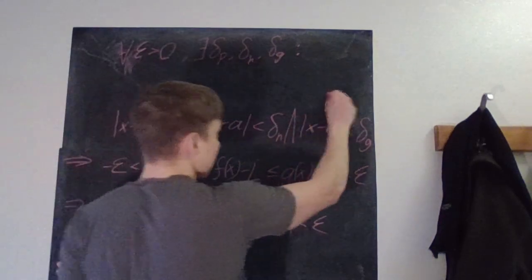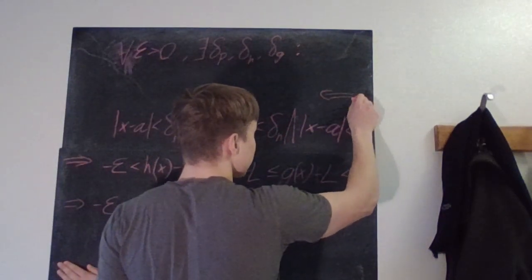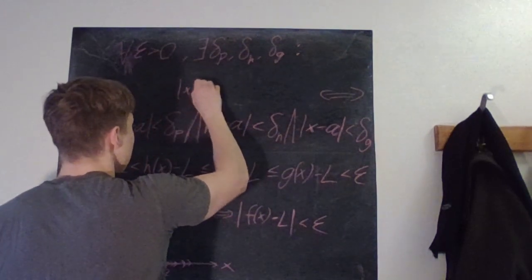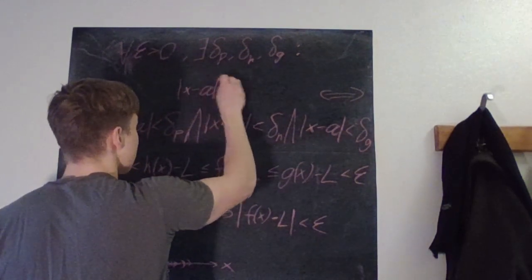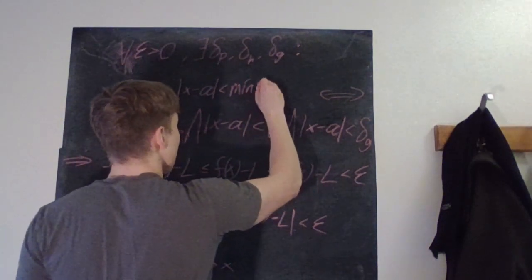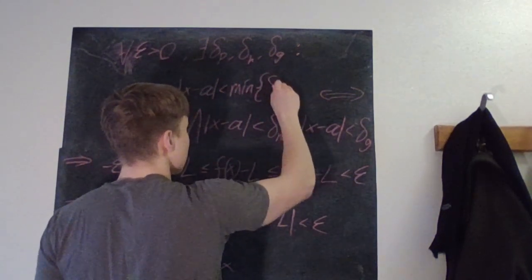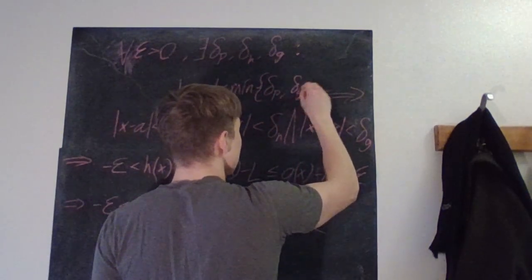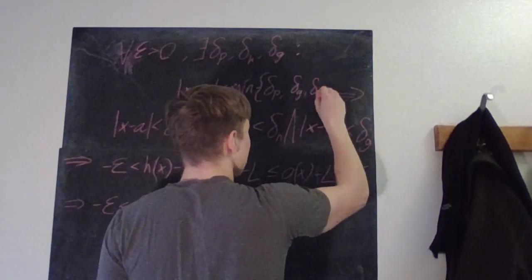So this is completely equivalent to saying that x minus a is less than the minimum of delta p, delta g, and delta h.